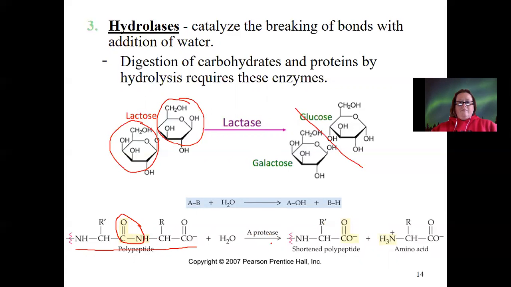And when the water is added, we will have the hydroxide getting added to one side and the hydrogen getting added to another, and either way we have our 2 amino acids here. And in this case, it shows to be 1 amino acid, and here we have a shortened peptide. So there's the implication that this is kind of continuing. So a protease isn't always going to break a polypeptide down into individual amino acids all the time, but it may break it down into smaller chunks.